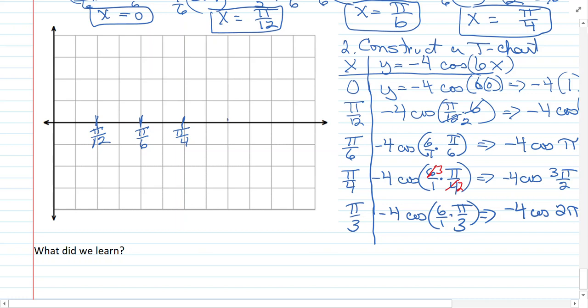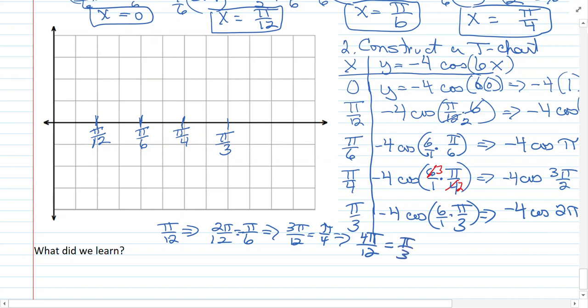Then I would have pi thirds, the end one, which is 4 pi twelfths. Okay, so I have pi twelfths. Then I would have 2 pi twelfths equal to pi 6. And then I would have 3 pi twelfths, which would equal pi fourths. And then I would have 4 pi twelfths, which equals pi thirds as you reduce.